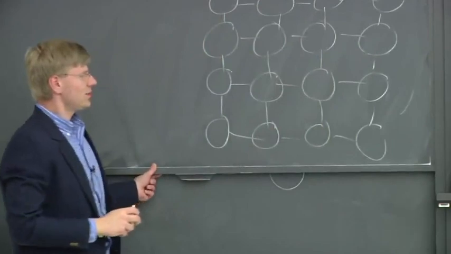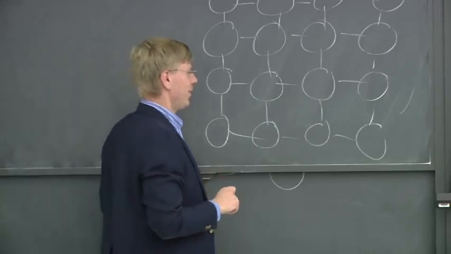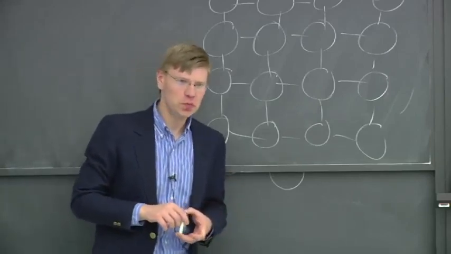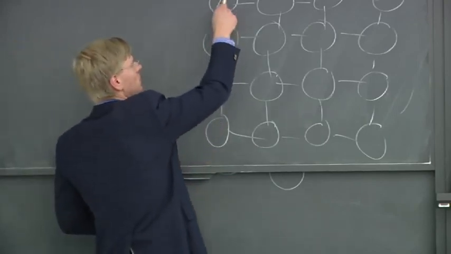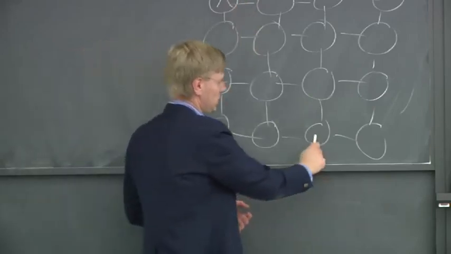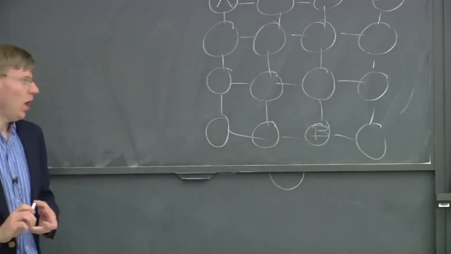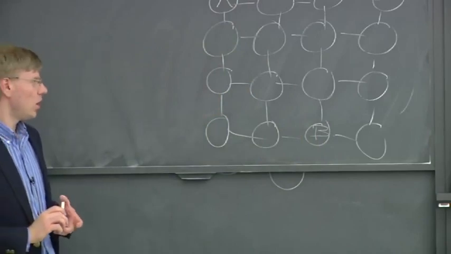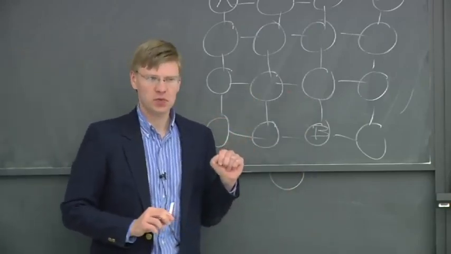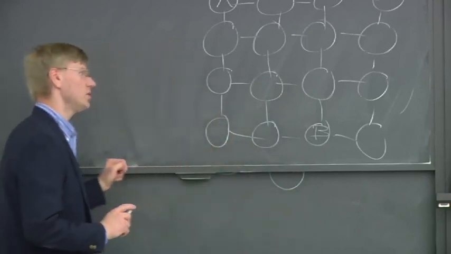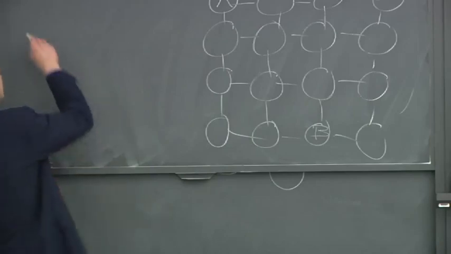OK, so we have our 16-node 4-array 2-cube here. And we want to route, let's say, from A to B. One of the more basic routing algorithms that we're going to look at here, we're going to call dimension-ordered routing.